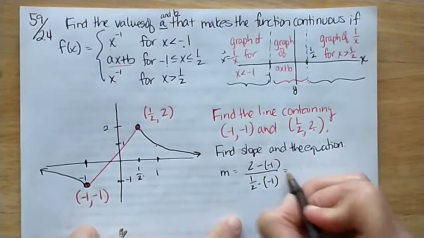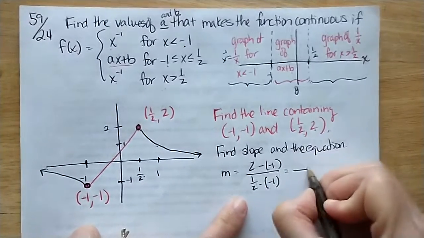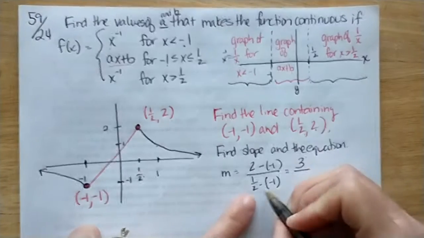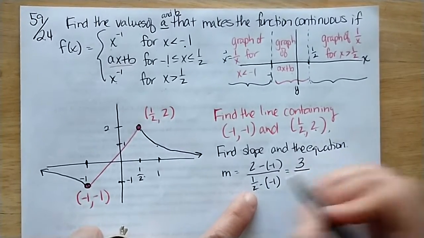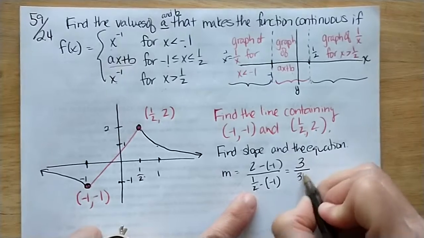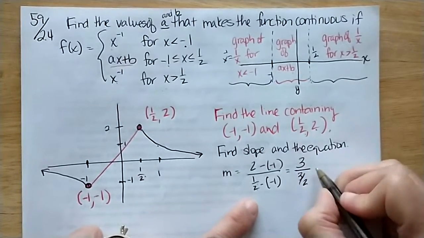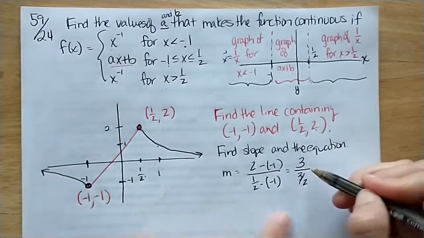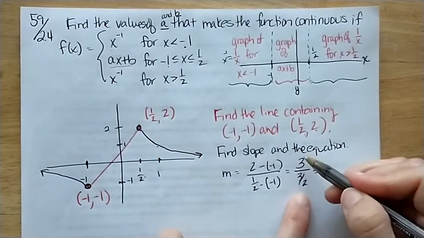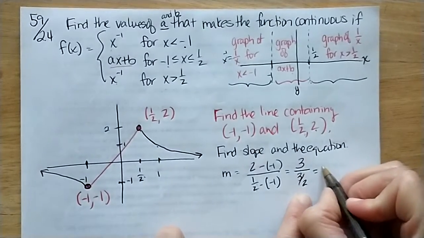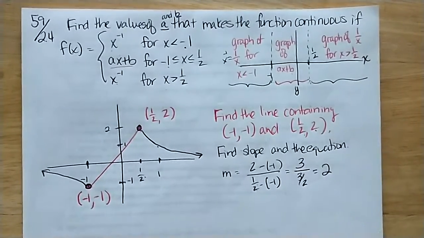I did them in that order because I thought the arithmetic would be more convenient. I get 3 in the numerator, and 1/2 plus 1 is going to be 3/2. When I resolve that compound fraction, that's stuff that you practiced in pre-calculus, you might want to review that, what I get is a slope of 2.